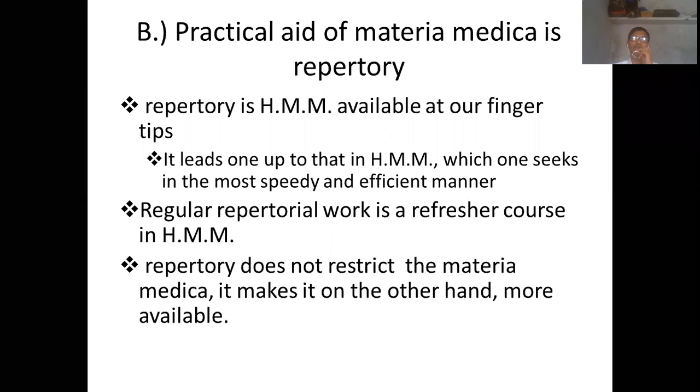But if you know that all this materia medica of Hering is indexed in Knerr's Repertory, you will just open up that rubric thirstlessness, and keep the finger at that thirstlessness. All the lists of drugs will be available just at the fingertip. This is the meaning of the repertory being a homeopathic materia medica available at our fingertips.